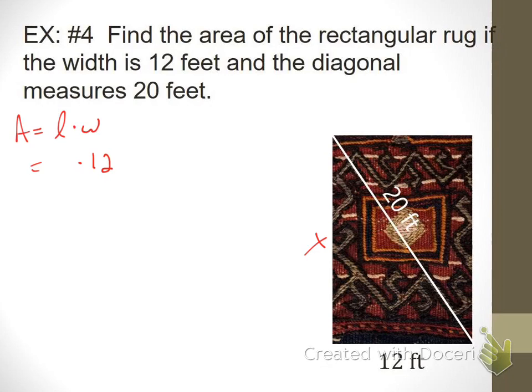Well, again, it's a rectangular rug, so this is going to be a right angle down here. So we can use Pythagorean theorem again. We can go 20 squared equals 12 squared plus x squared. So 400 equals 144 plus x squared. Subtract 144 from both sides.